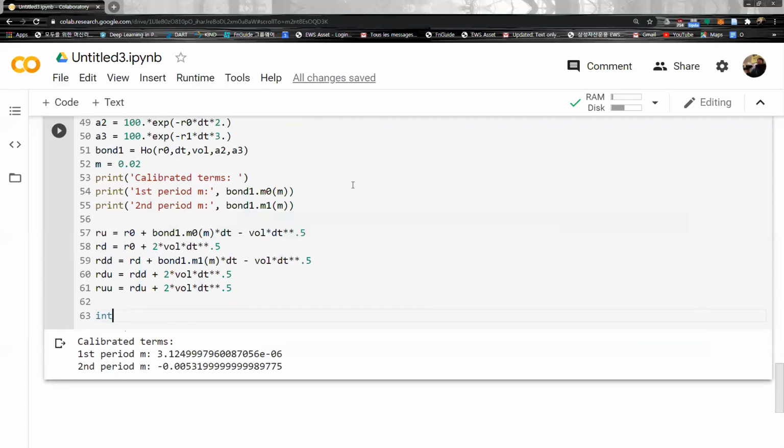And then using this one, I can show you the interest rate data. Short rate, because it is the short rate, 3-month rate.